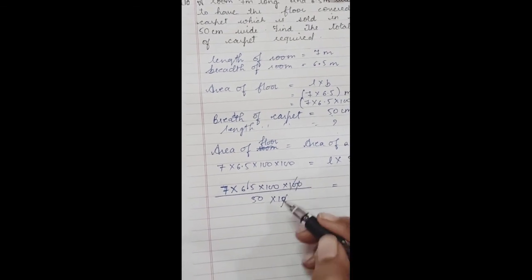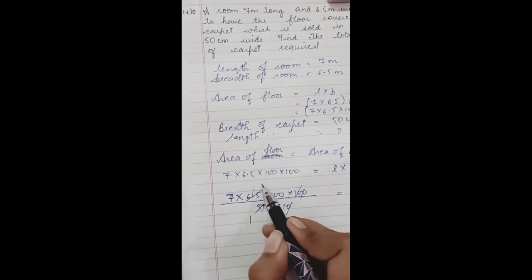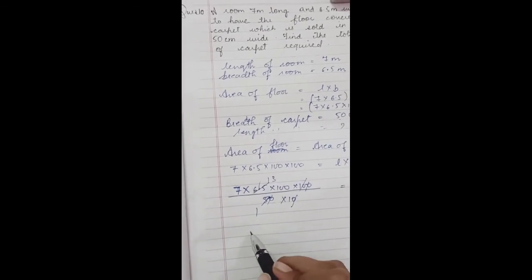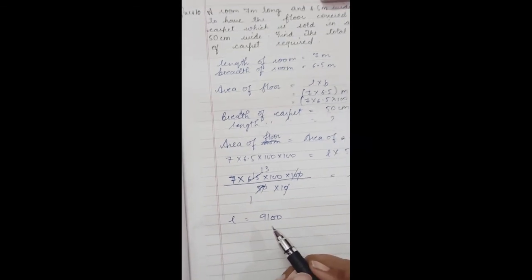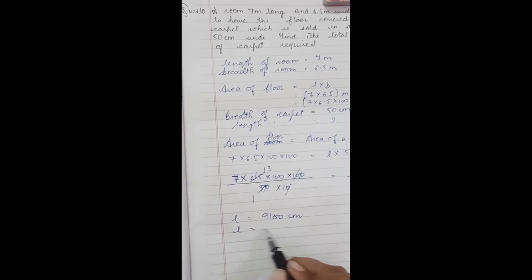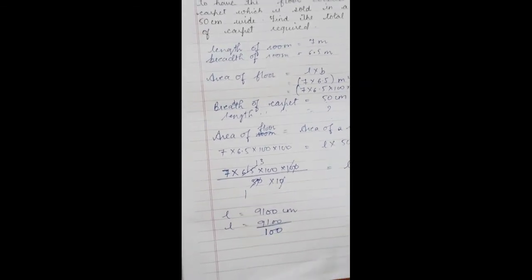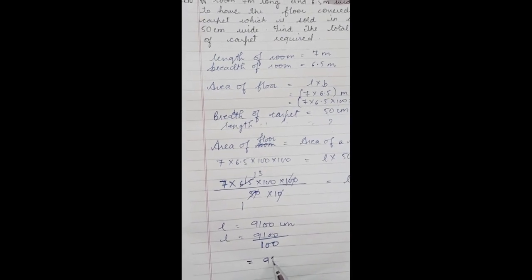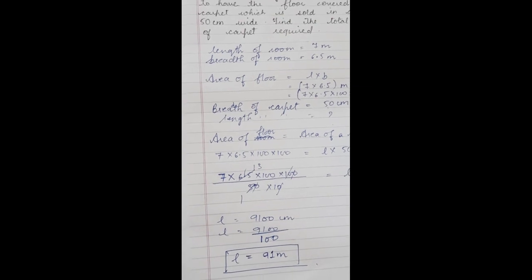This 0 and this 0 cancel out. 5 1 times, 5 13 times. So here we get 9100. So we get the length of a carpet 9100 centimeters. Change this into meters. 9100 divided by 100. So we get here 91 meter. So length of a carpet is 91 meter.